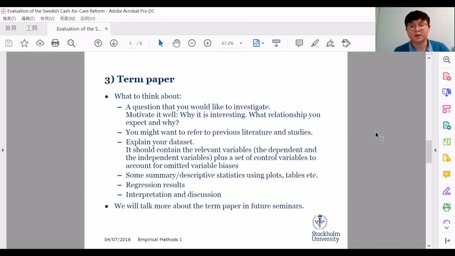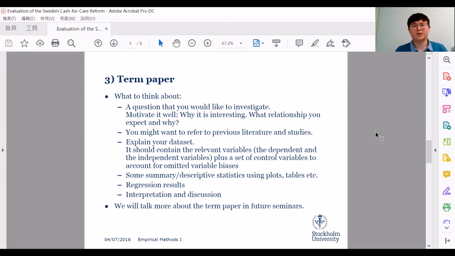And also the last one, which I think should be the most important one in your term paper, is the interpretation of results. Because it's really straightforward to run the regression. You just put reg and the dependent variable and also the independent variables.